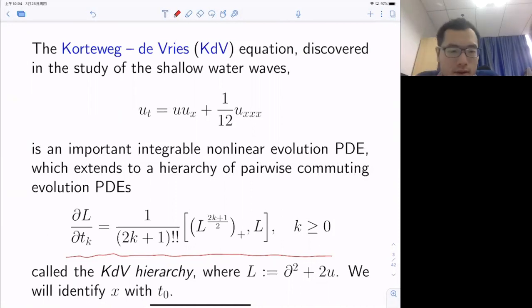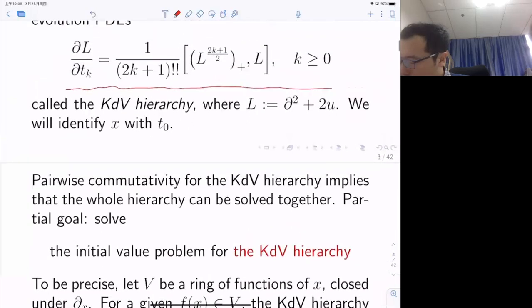So this is the KdV hierarchy. Each of them is an evolution PDE, and together they are called the KdV hierarchy. The point is that it can be solved together, in the sense that the initial value problem of these infinitely many PDEs has common solutions, because of this pairwise commutativity.